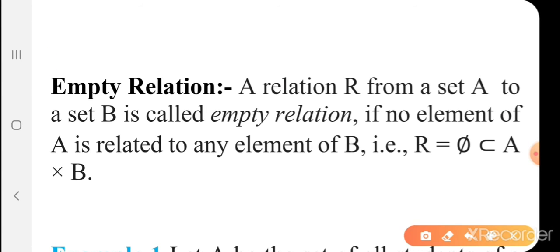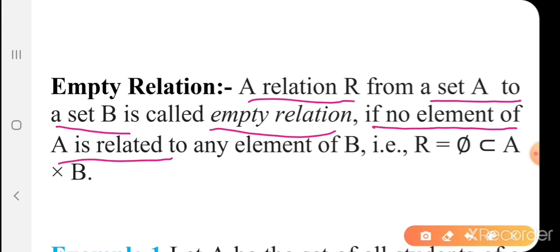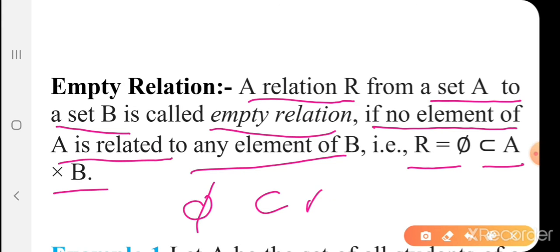A relation R from set A to set B is called an empty relation, or void relation, or null relation, if no element of A is related to any element of B, that is, R equals phi, which is a subset of A cross B. So phi is a subset of A cross B.